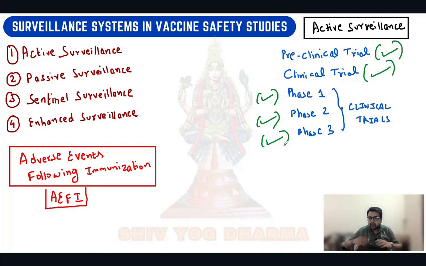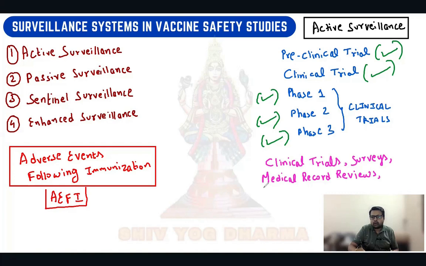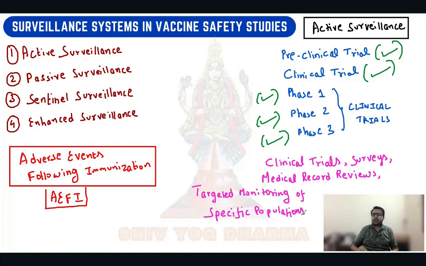In active surveillance, we are actively involved. We actively do the clinical trials, the surveys, and the medical record reviews. So the core elements of active surveillance are clinical trials, surveys, medical record review, and targeted monitoring of specific populations.